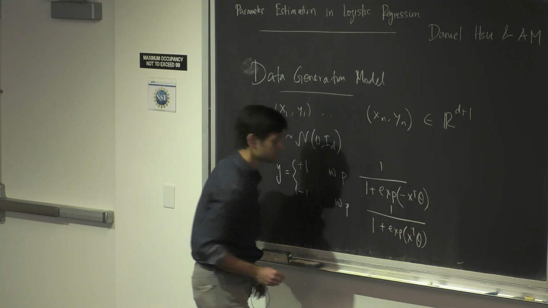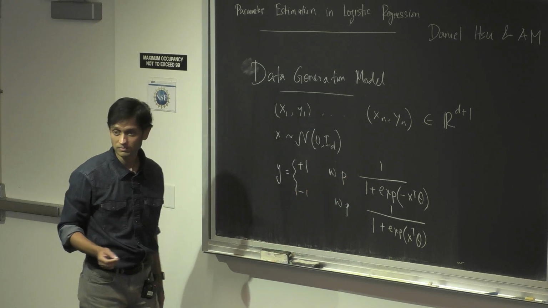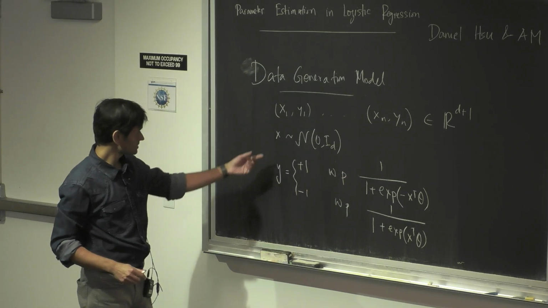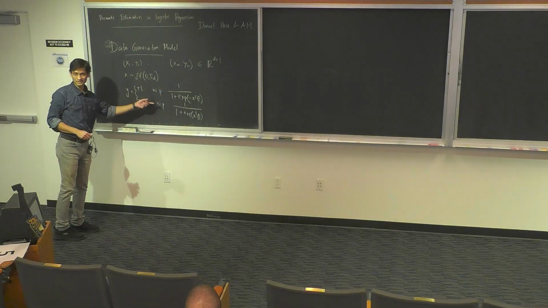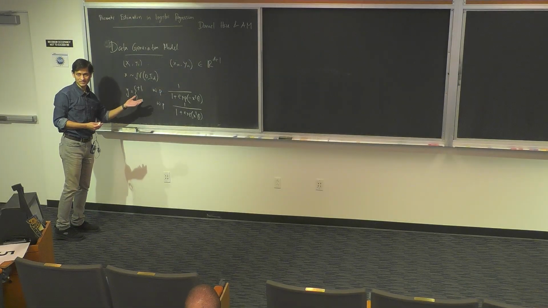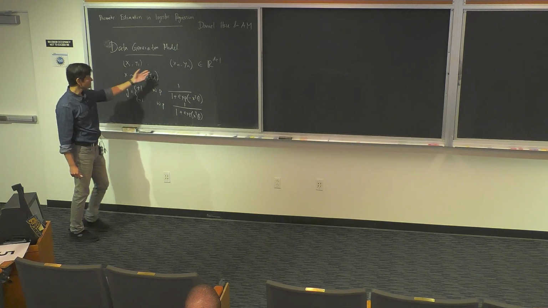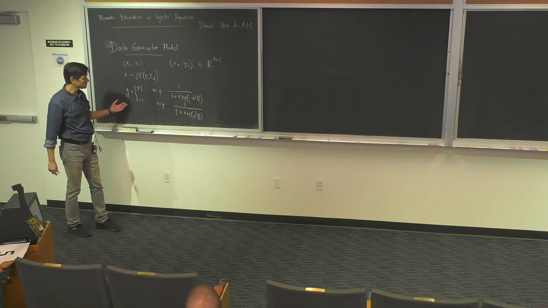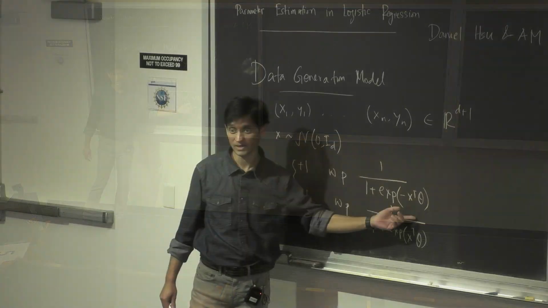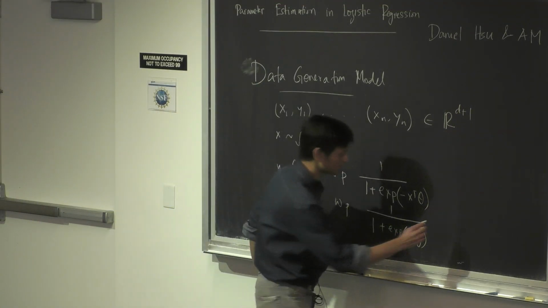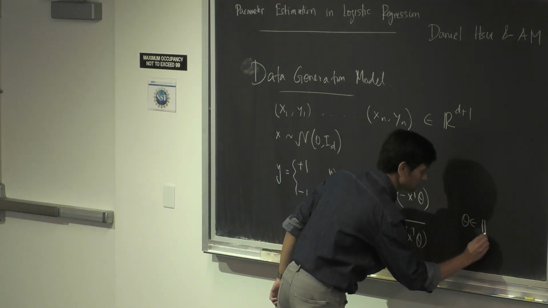These two sum to 1. This is the standard logistic regression problem, and this is how my data is generated. It's not separable. Given n samples, we would like to estimate theta, the parameter, which is in R to the power d.